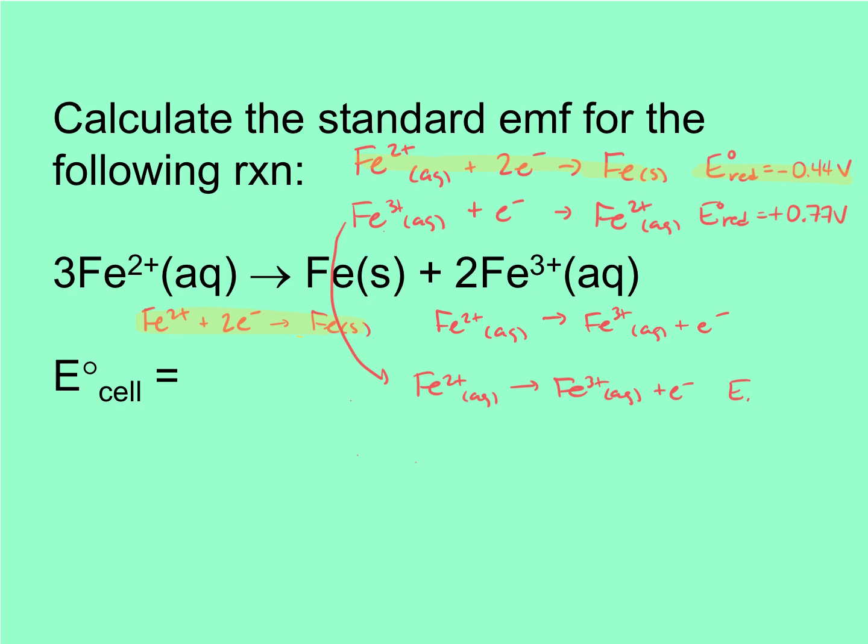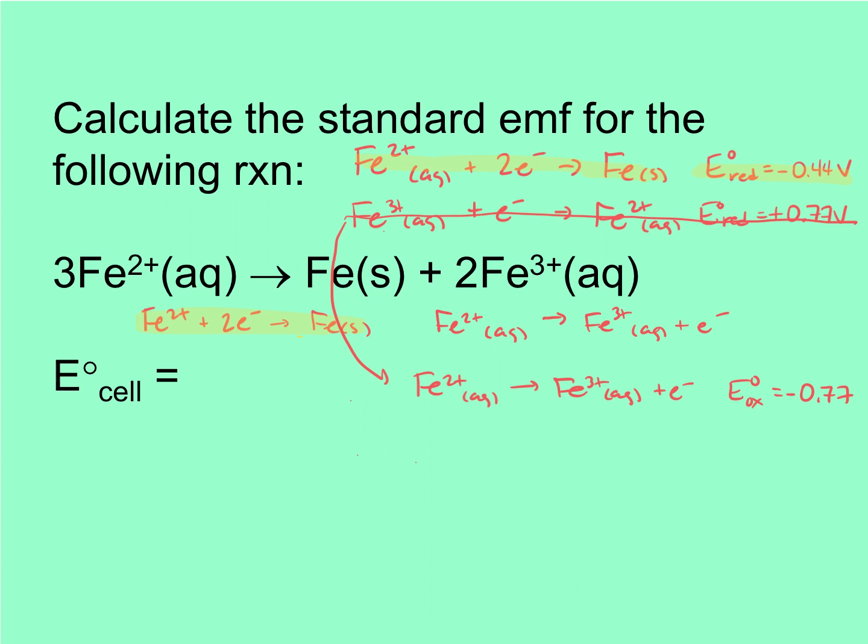And the oxidation potential then means that you switch the sign and make it negative 0.77. I'm going to cross this off, and you can see how the equations actually added up to give you this overall equation right here.